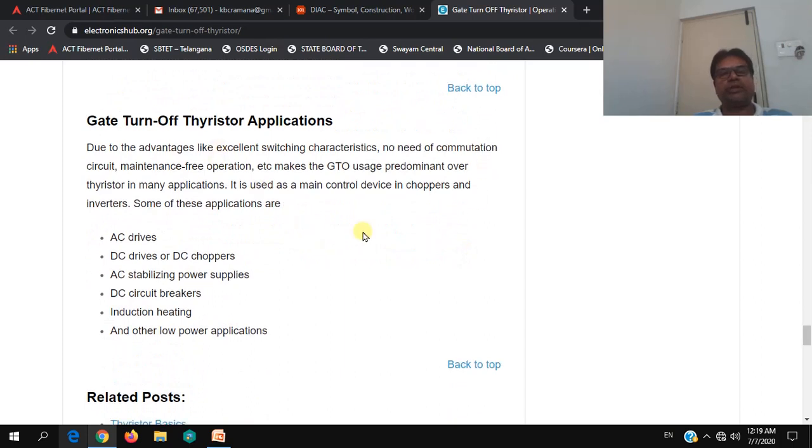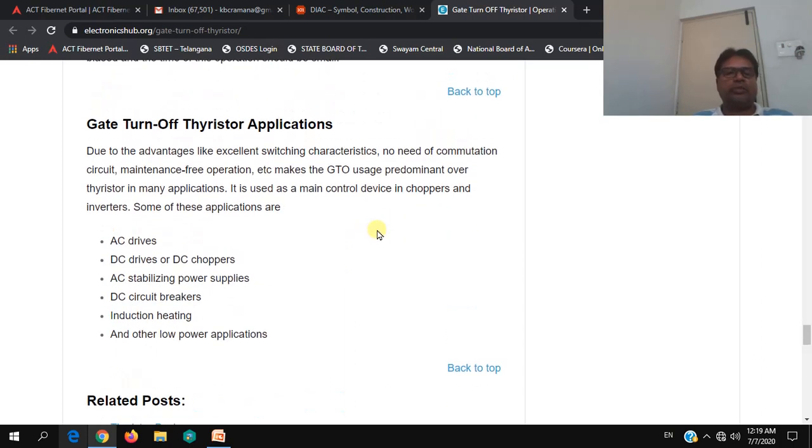When it comes to applications, there are abundant applications. All power electronic devices, with small modifications in design or manufacturing aspects, can be made to work in almost all applications of AC and DC circuitry. It can be used in AC drives, DC drives, DC choppers, stabilizing power supplies, AC and DC circuit breakers, induction heating and other low power applications.